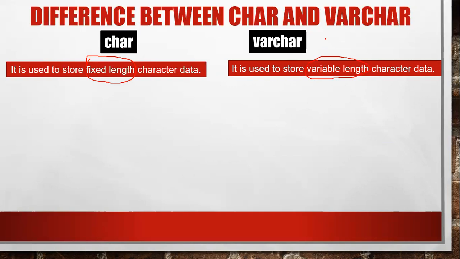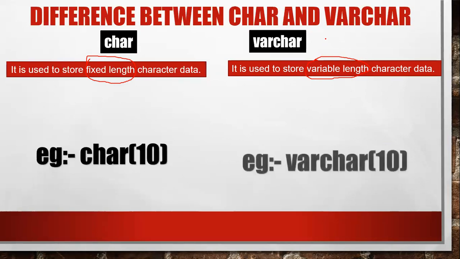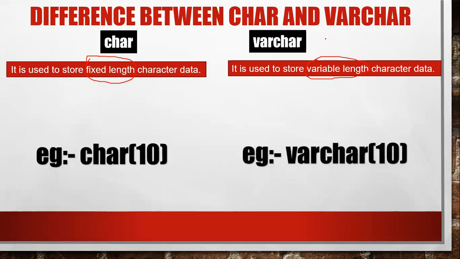Now what does it mean? Suppose I have written char 10, and also varchar 10. When I write char 10, obviously I get a space to store 10 characters of data. As you can see, I get boxes for storing the data, and the total number of boxes are 1 2 3 4 5 6 7 8 9 10.